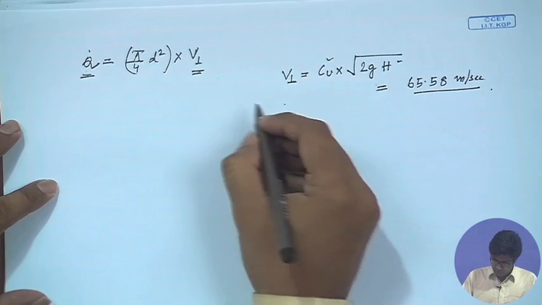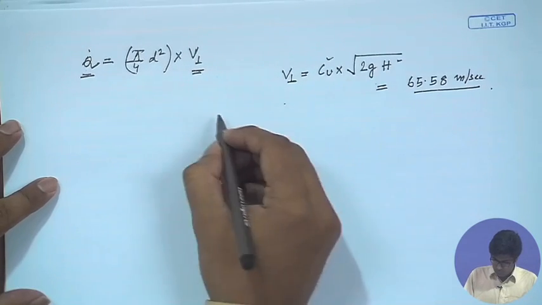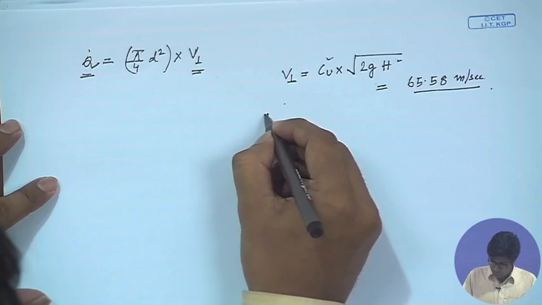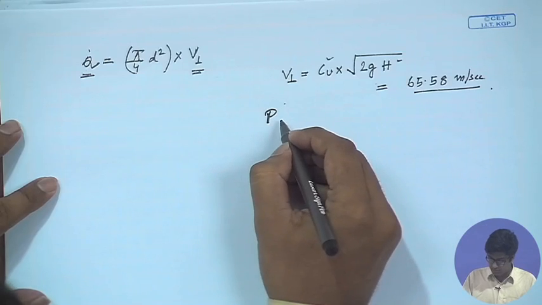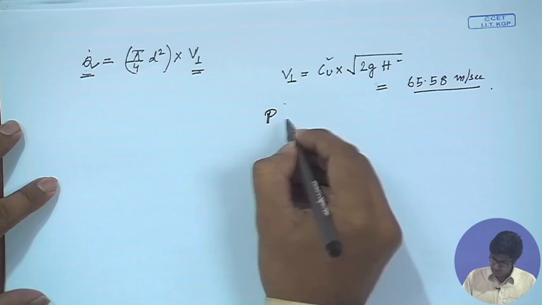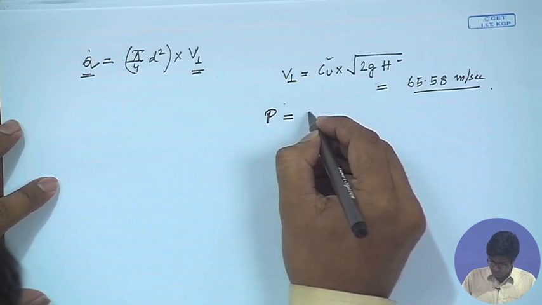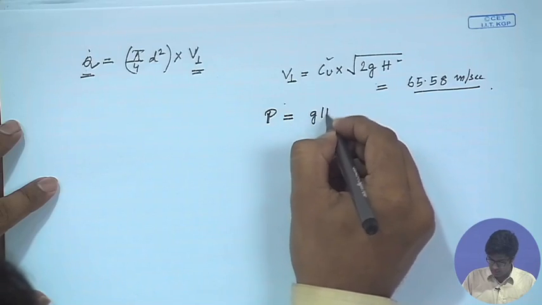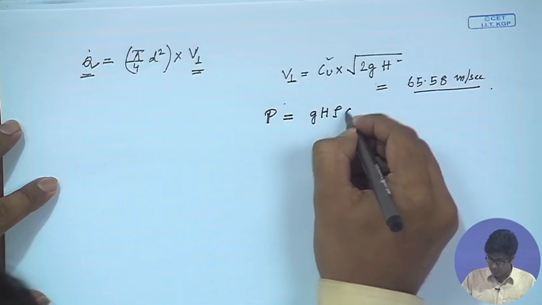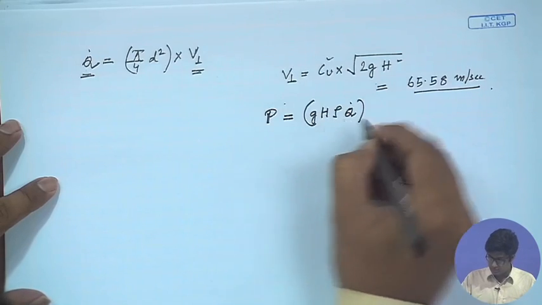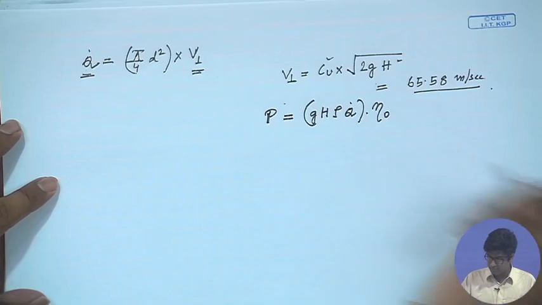Also, the flow rate we have to find out. So, for this we write an expression for the power output per wheel per jet as g h rho q dot into the overall efficiency.